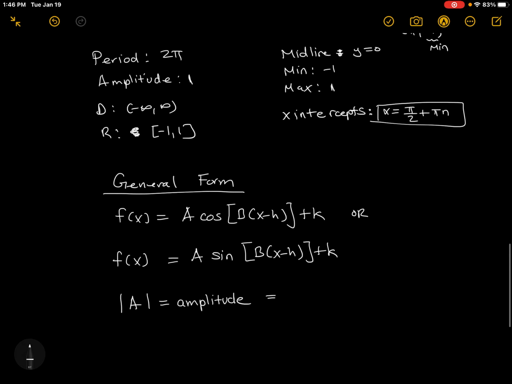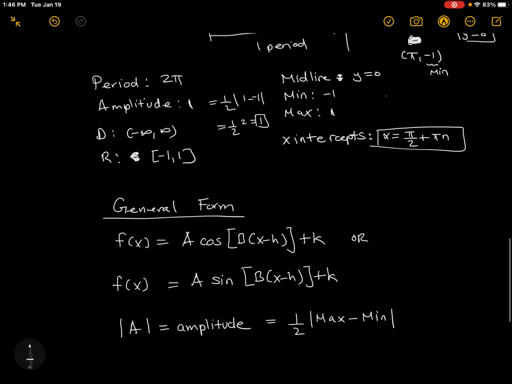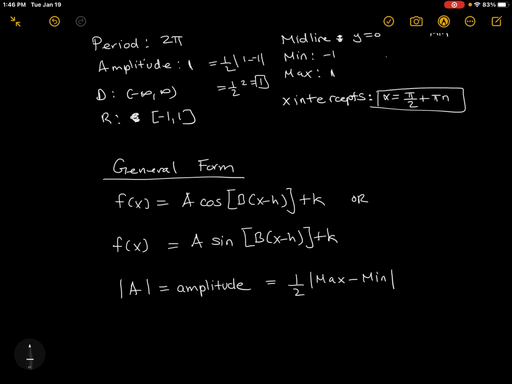Okay, so it's also defined as 1/2 the absolute value of your max minus your min. Okay, so you can also use that, right? So over here, if I were to say, hey, calculate the amplitude, the amplitude is equal to 1/2, right? The max, which is 1, minus your min, right? 1/2 times 2, you're going to get 1, okay? So you can also use this equation right here, 1/2 max minus min.